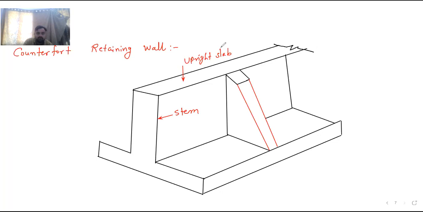This portion is the heel slab. Now if I draw this line parallel to this line, the portion created over here is called the toe slab.